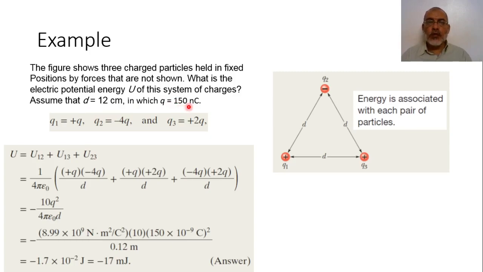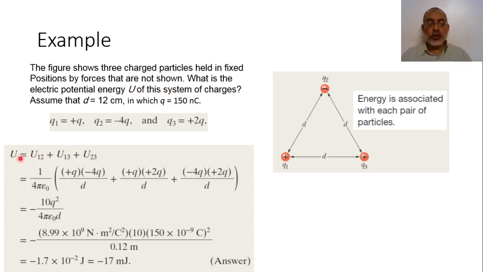It is required to find out the total energy stored in this system of charge. So the figure shows 3 charged particles held in fixed position by forces that are not shown. What is the stored electric potential energy U of this system of charge?